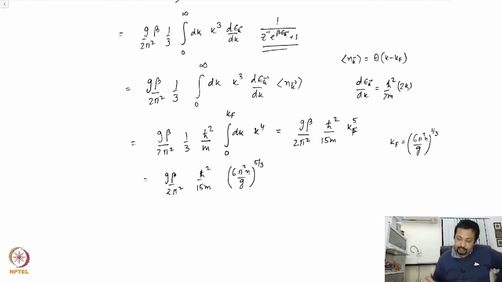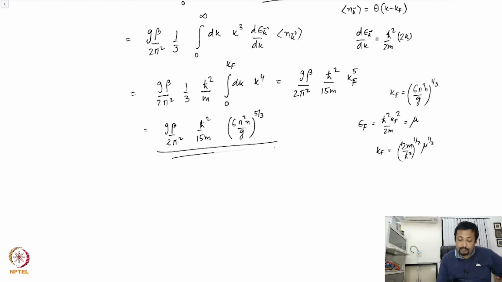Now I also know that epsilon_F is going to be h bar squared k_F squared over twice m, which is going to be mu at 0 temperature. So I can equally write down (twice m over h bar squared) to the power half and mu to the power half.